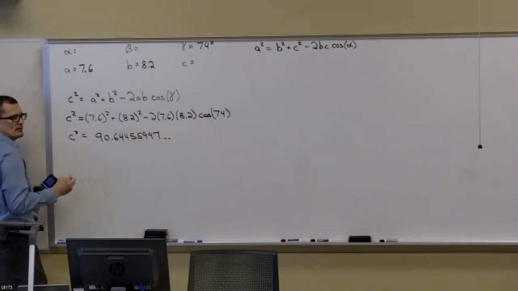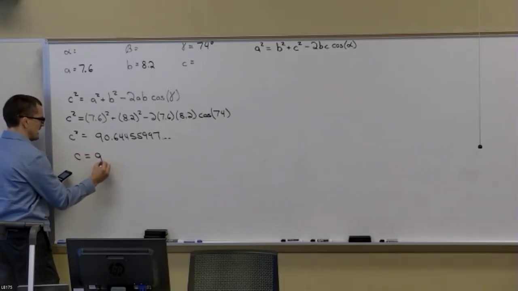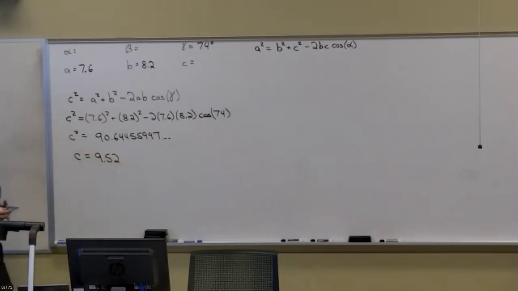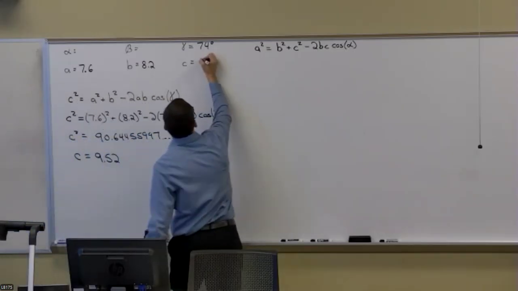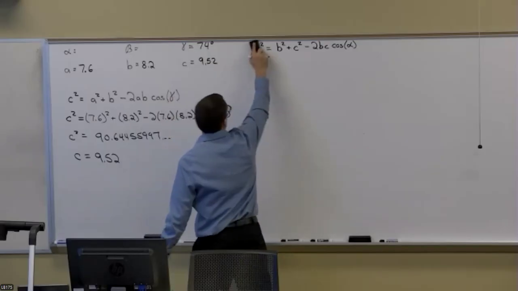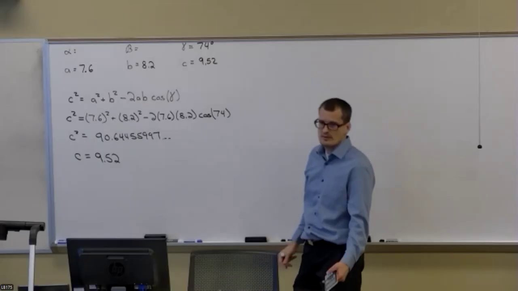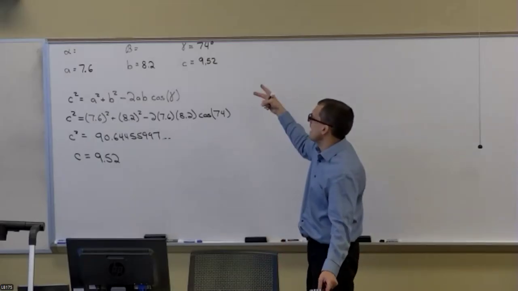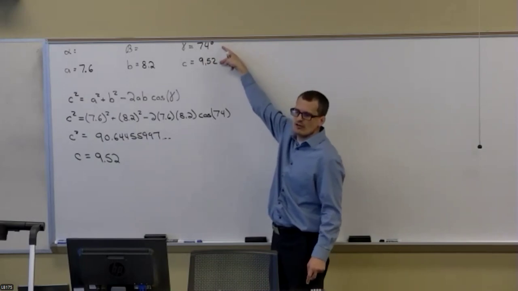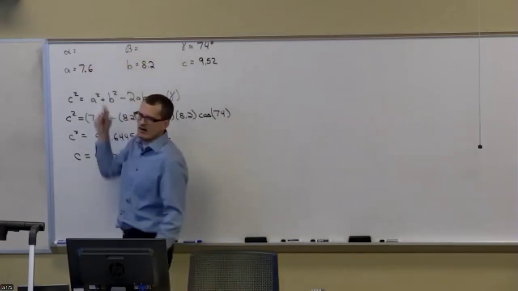But we take a square root of both sides, and that would tell me my C is 9.52, rounded to 2 decimal places. Now we can use that. Now that we have this, we have a ratio for the law of sines, and I can use that to either find my beta or my alpha.